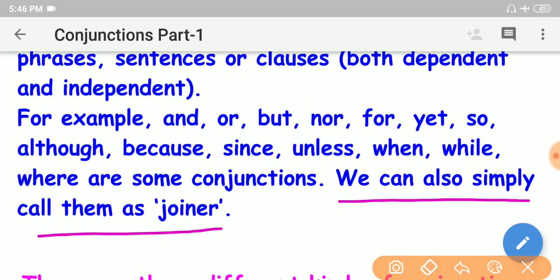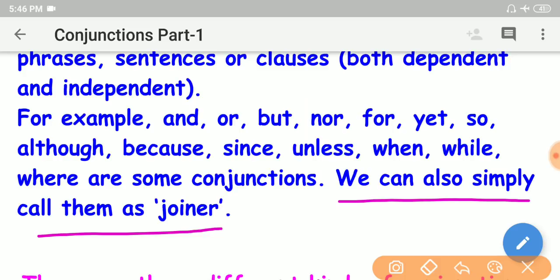So conjunction is going to link between two words or between two phrases. Again you can ask, what is a phrase? A phrase is nothing but a group of words which gives some meaning. So they even link phrases. At the same time, they are not only linking words or phrases, but also even clauses, my dear friends.